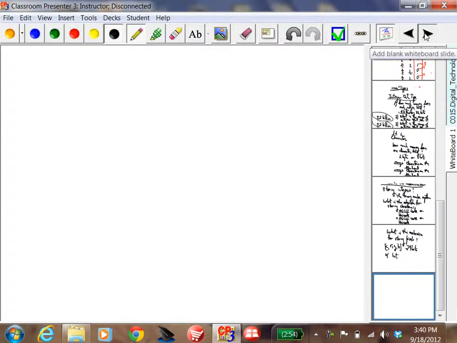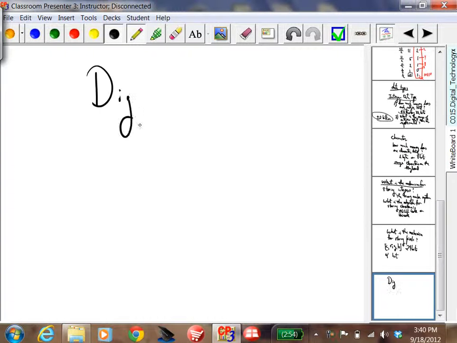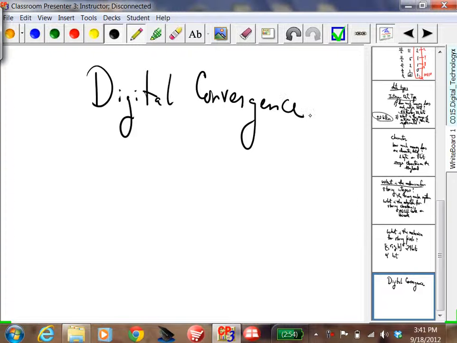And then I want you to know about digital convergence. What is digital convergence? Digital convergence is the understanding, or the realization, I guess, that everything that we want to put on paper, or store in a computer, can be stored with zeros and ones because we have all these mechanisms for doing it.